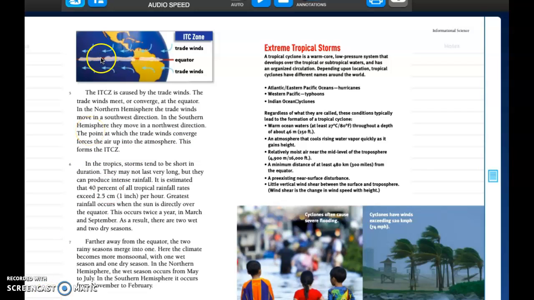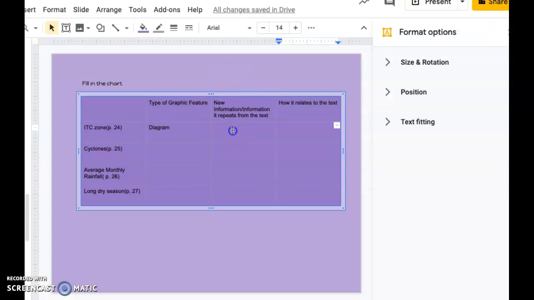Now, when I look super close at the picture, I can see there's this area right here, which shows me what the clouds look like, right? So that really wasn't talked about in this part of the text. So that's new information.